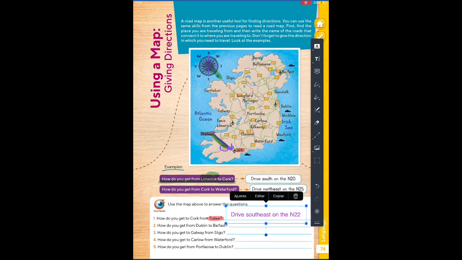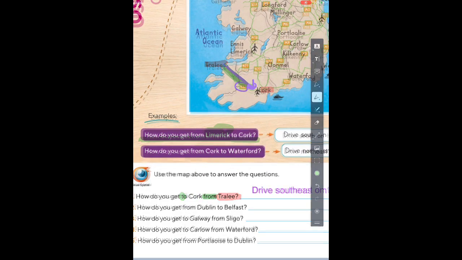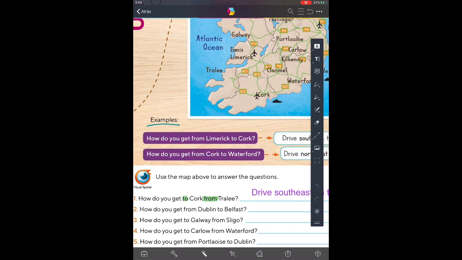Super easy, okay? But I need you to pay attention to this important part where we have to and from, okay? To and from. So you need to check the to and from. So if you see from, for example, in the first question, from Tralee, that means that you're going to start with this place, okay?